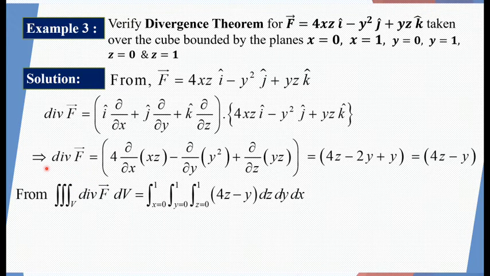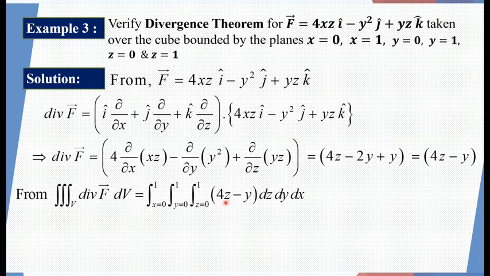So the triple integral over v of divergence of vector f dv is equal to, now the limits are there. So we can take directly x equals 0 to 1, y equals 0 to 1, z equals 0 to 1, 4z minus y dz dy dx. So first we have to integrate with respect to z.